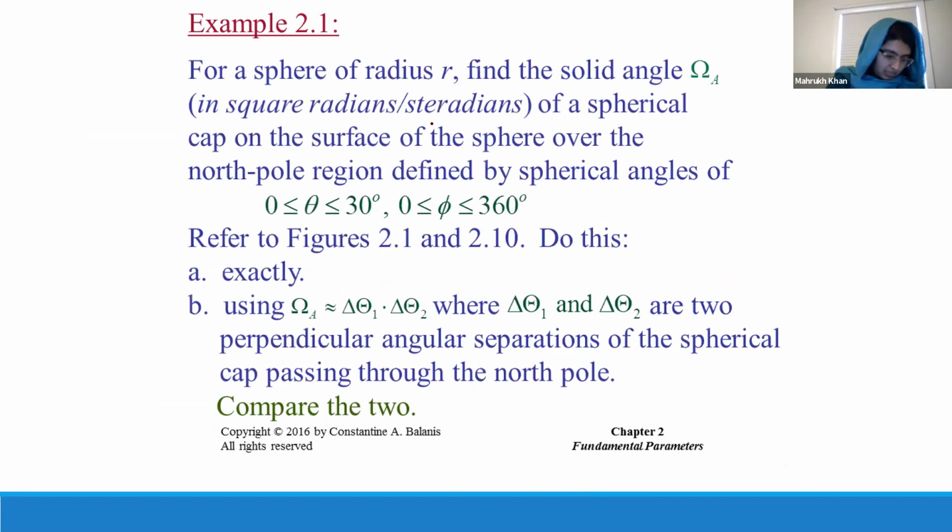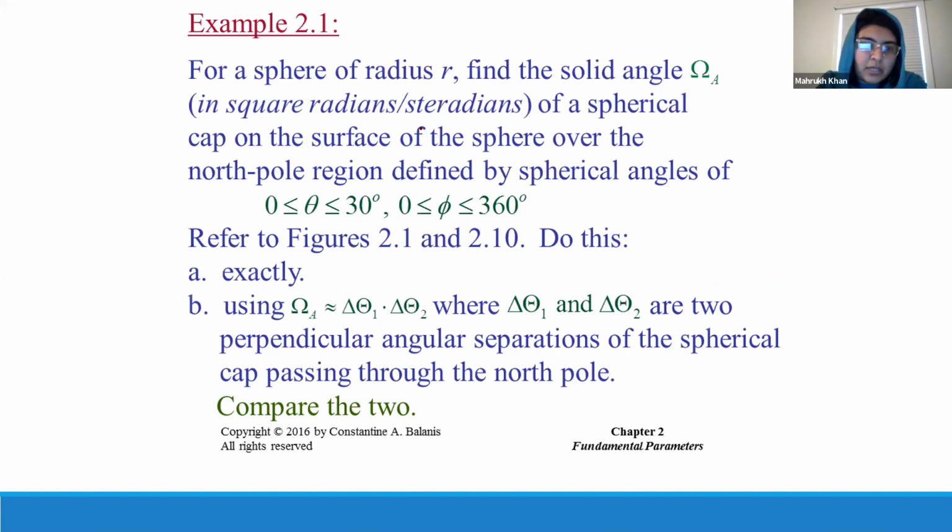So we are doing this question now, which is in your book, I think the first example, in which we have to find a solid angle. One question is to find the solid angle using the formula that we have derived. Another is to find a solid angle using the approximation formula.